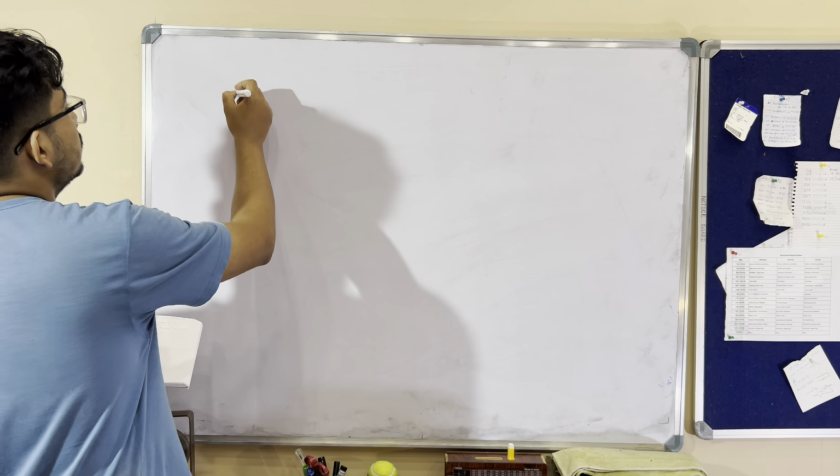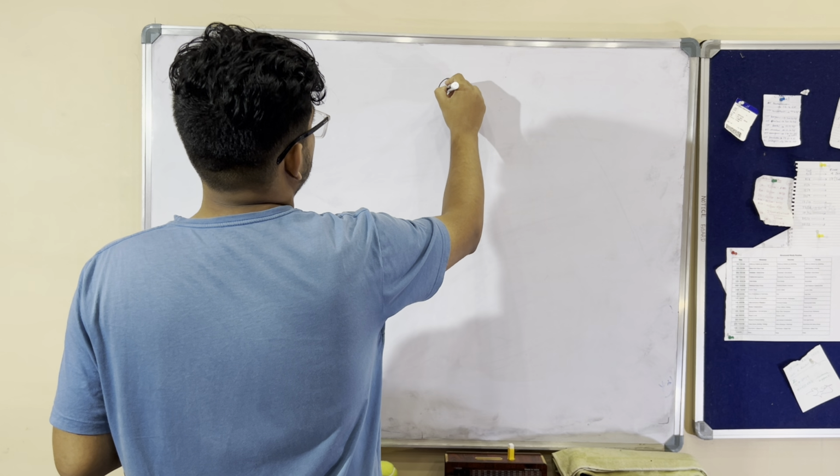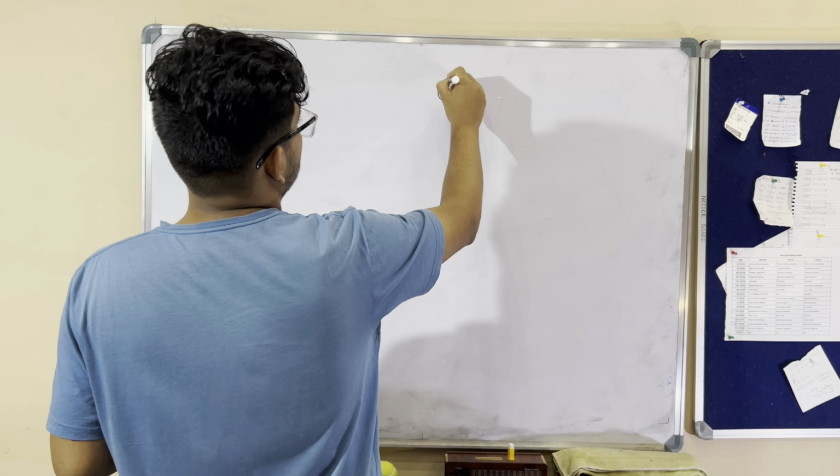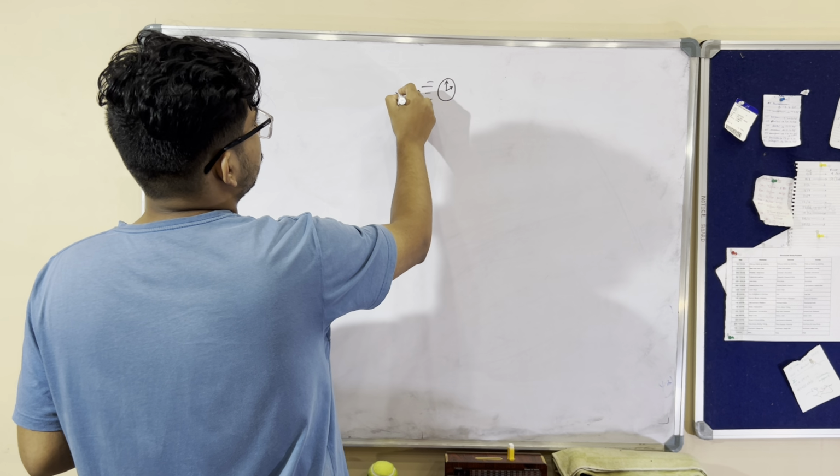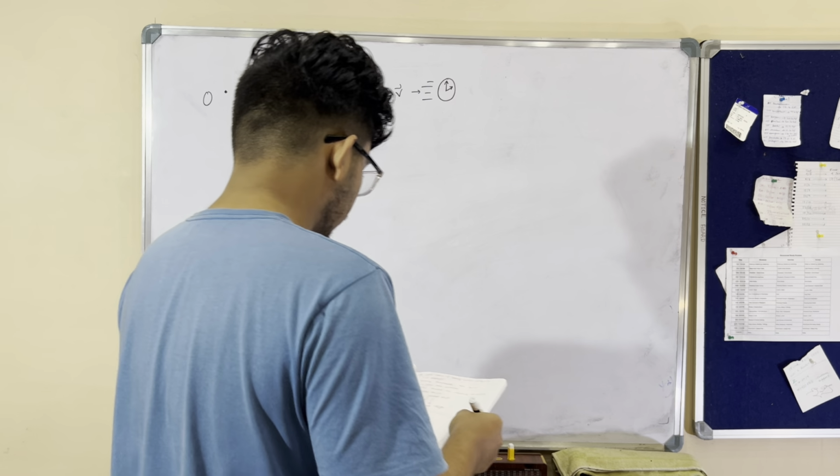Suppose here is our observer, and here is a moving clock that's moving at a velocity v.